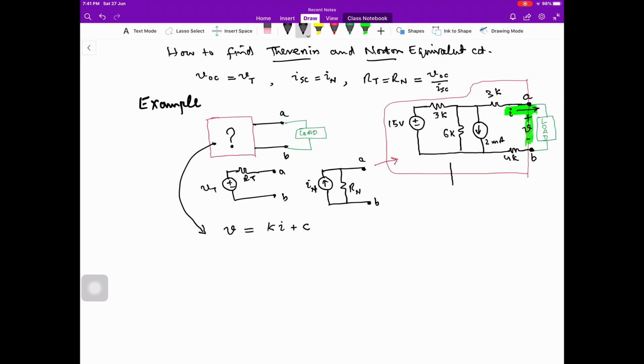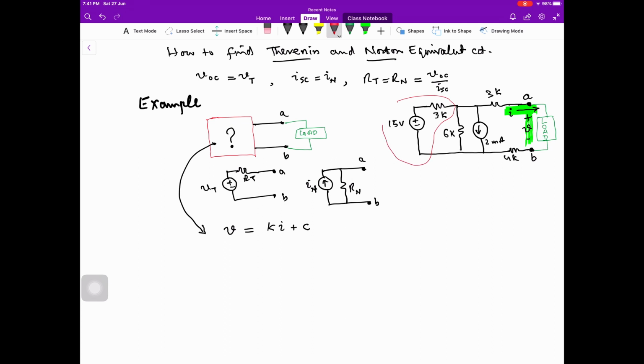If we see the circuit over here, we can use a number of methods. We can use the node voltage method, we can use the loop current method, but here I will show you a simple way.